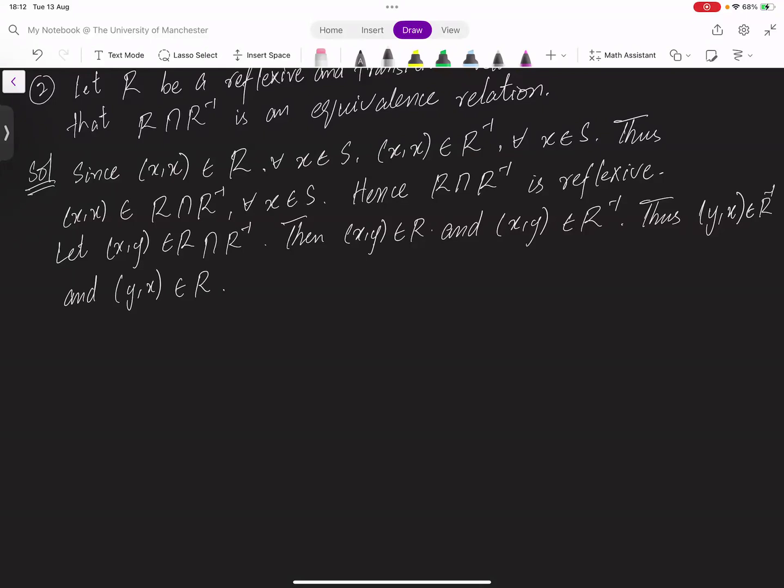If (x, y) is in R and then in the inverse, then by the inverse, you can also say that y goes to x.